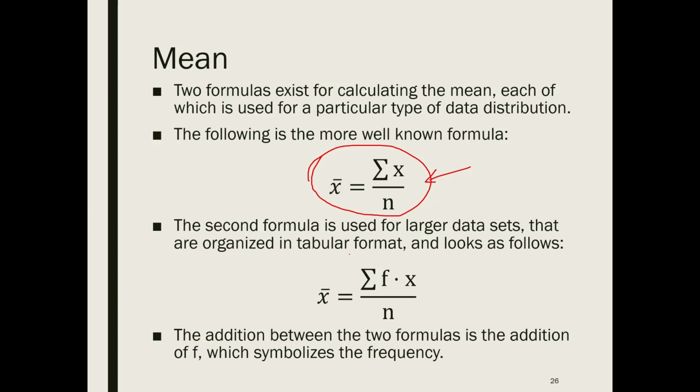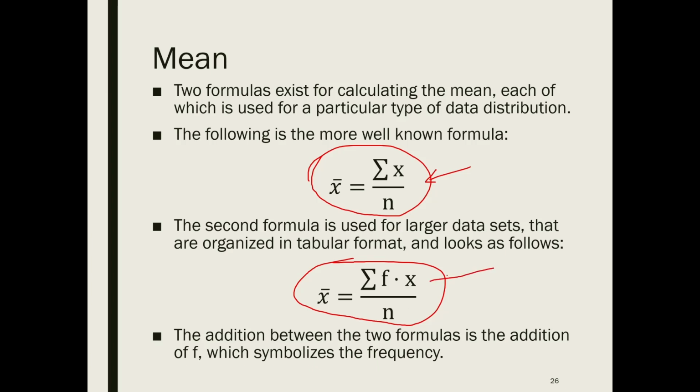We also have a really uncommon formula that uses grouped data. The grouped data we showed in the previous PowerPoint is when you have so many similar numbers that it's harder to display everyone, so you group them. In the grouped formula, you use the frequency of the group and the value of the group. You multiply them and divide by the total sample size.